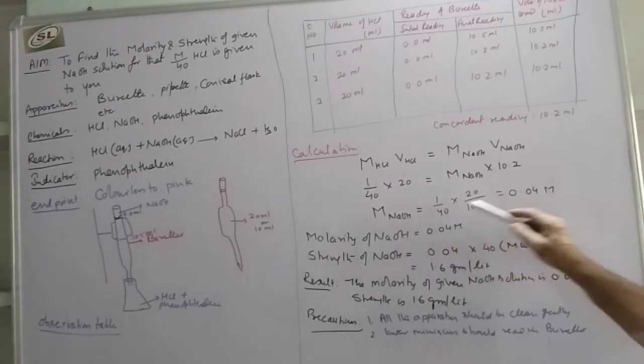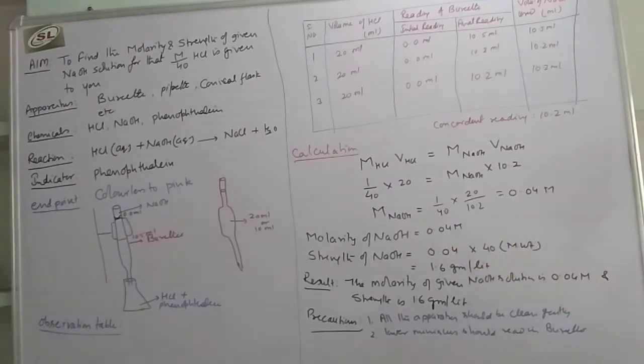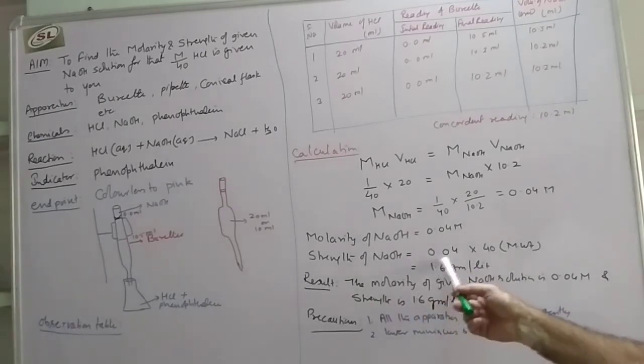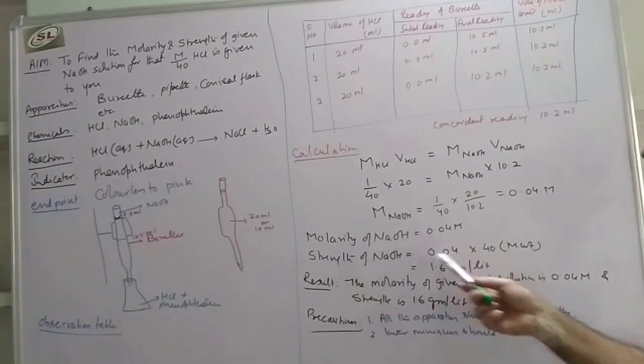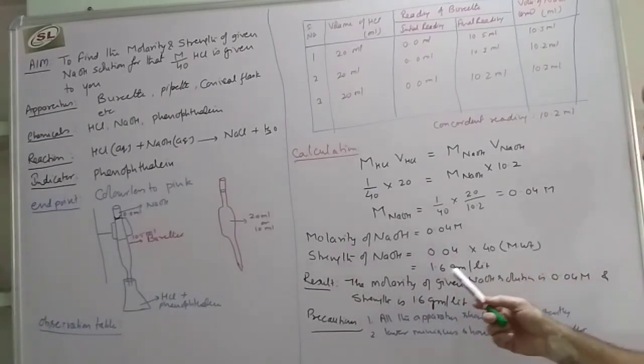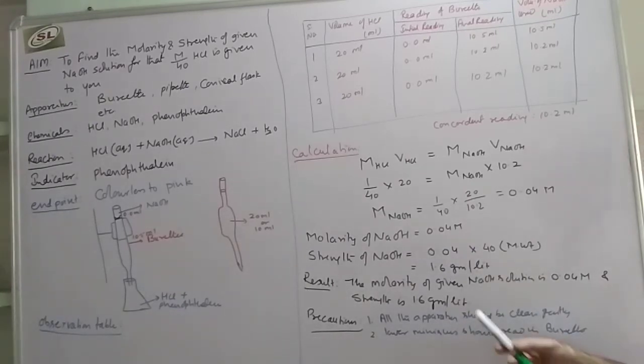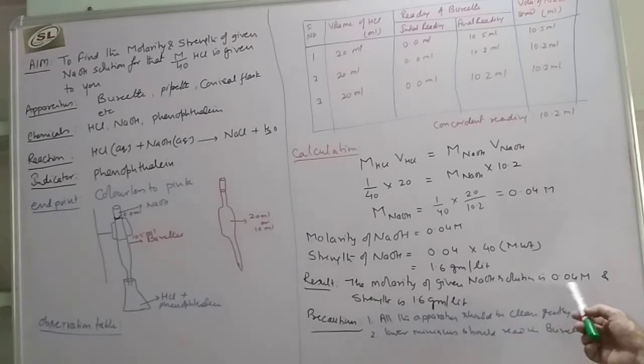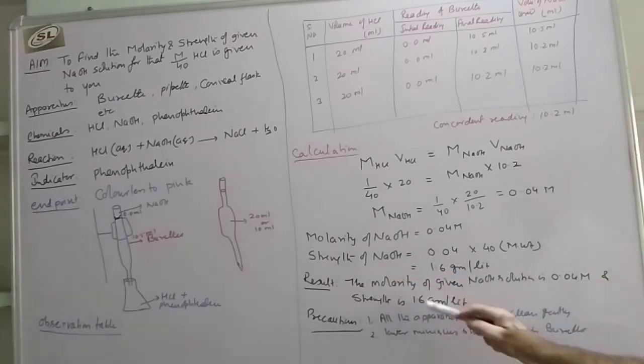In this way we will calculate the molarity and it will come 0.04 according to this unit. Strength will be molarity into molecular weight of NaOH. So the strength will come 1.6 gram per liter. The molarity of the given NaOH solution is 0.04 and the strength is 1.6.